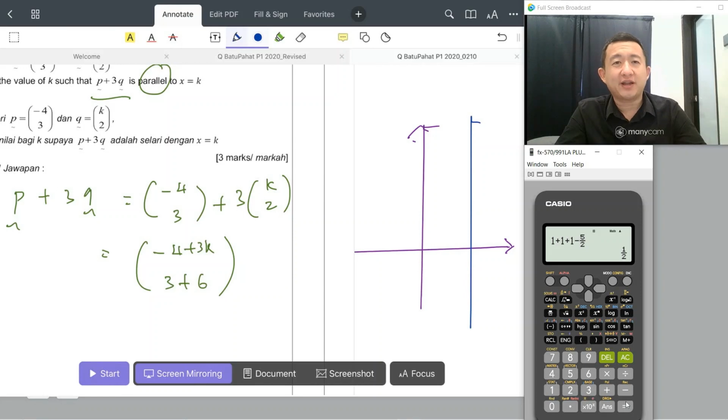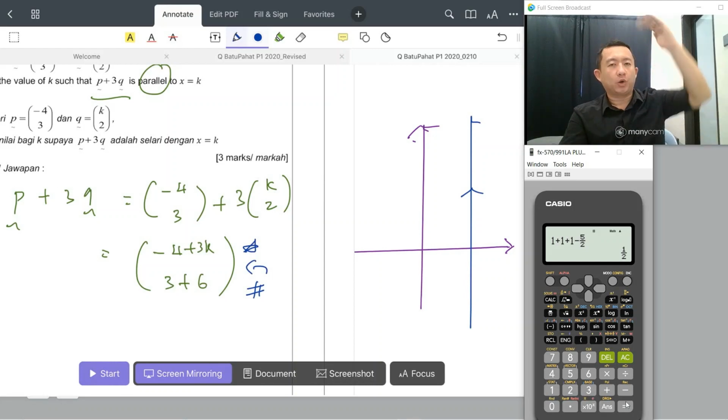This vertical straight line is parallel to the vertical axis. So when you know this resultant vector is parallel to x equals k, it cannot go left-hand side or right-hand side. It can only go up or down, because x equals k is a vertical straight line.